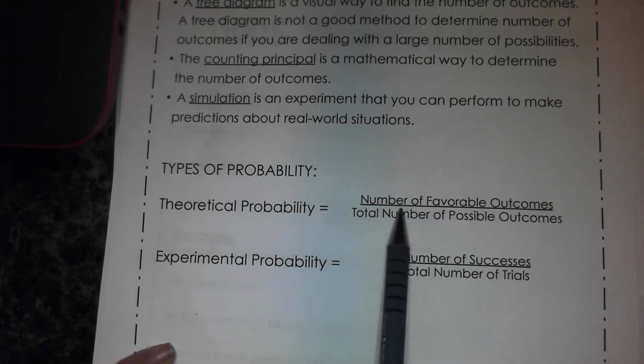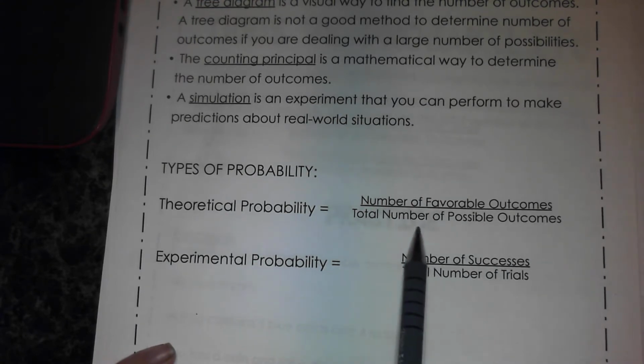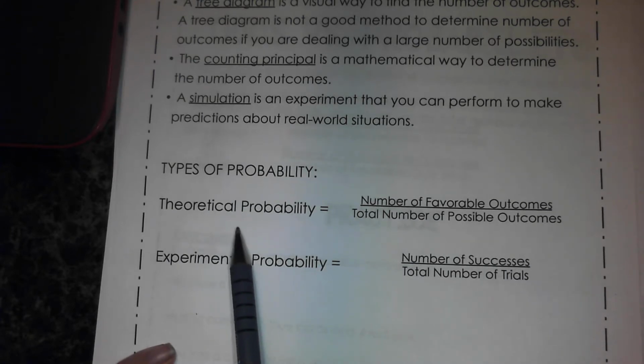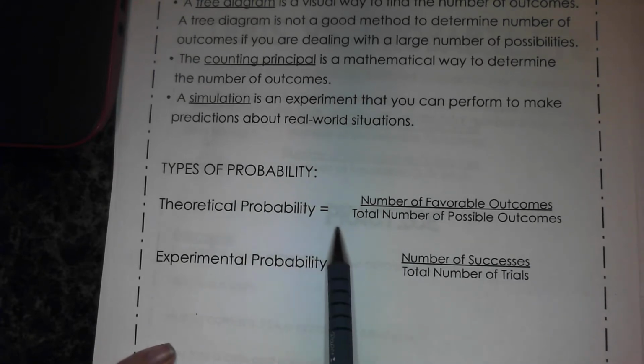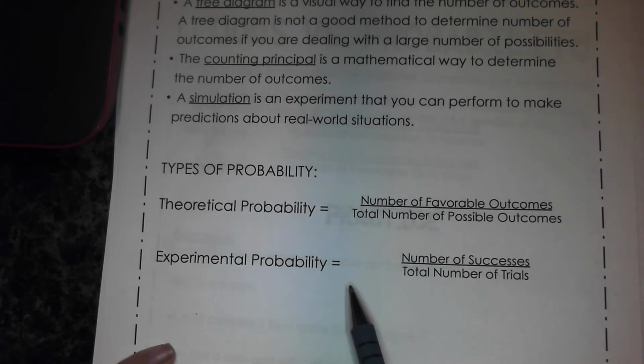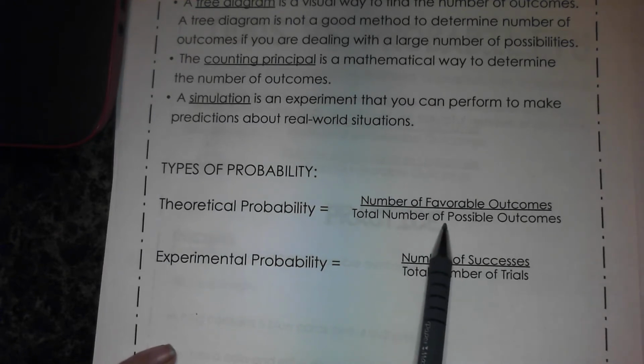There are two types of probability. Theoretical probability, which is the number of favorable outcomes over the total number of possible outcomes. For example, the probability of rolling a 1 on a dice would be 1 out of 6.